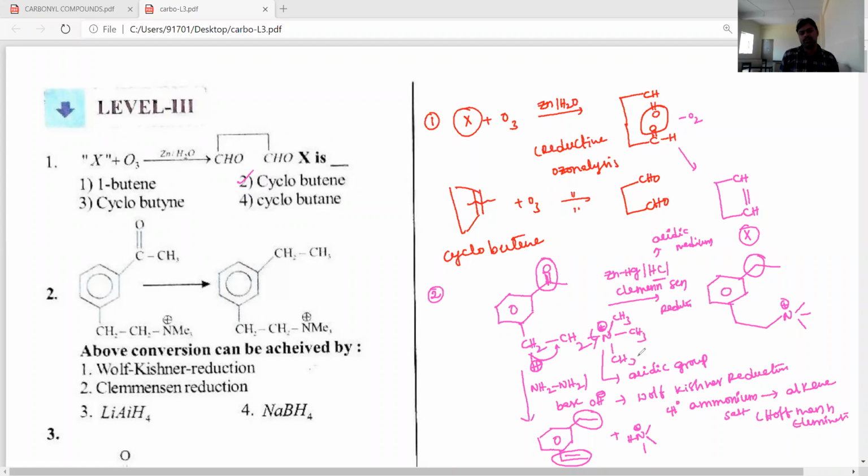Lithium aluminum hydride and sodium borohydride can reduce the C=O group into an OH group, meaning the carbonyl group is converted into alcohols only, and cannot be converted into alkanes. So the answer is the Clemmensen reducing agent. The second option is correct. Okay, let's go for the next question.